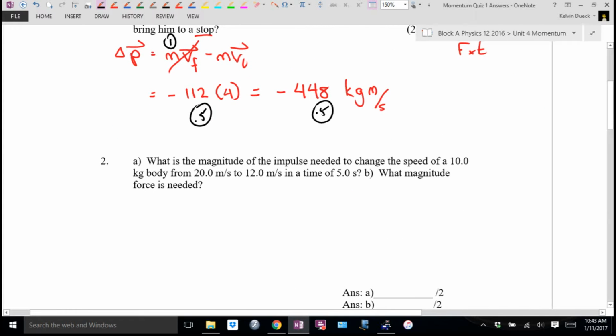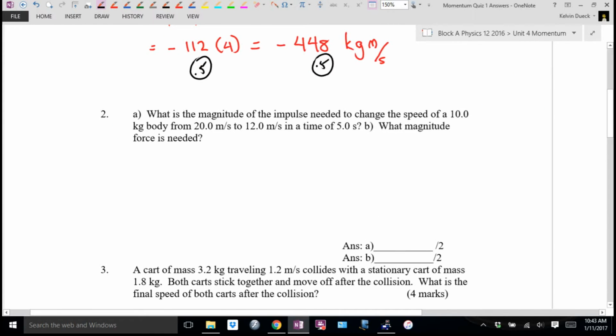What is the magnitude of the impulse needed to change the speed of a 10 kilogram body from 20 to 12 in a time of 5 seconds? What force is needed? Okay. Impulse is mv final minus mv initial.